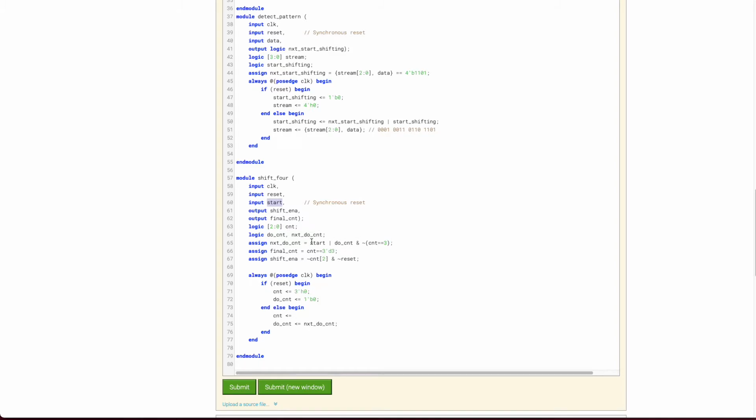So suppose I start, the next do count is 1, and so when count is 3, it'll take 1 cycle to propagate do count to 0.